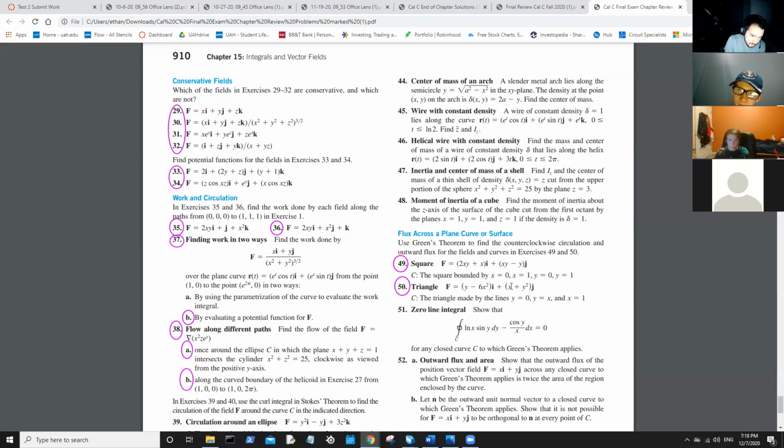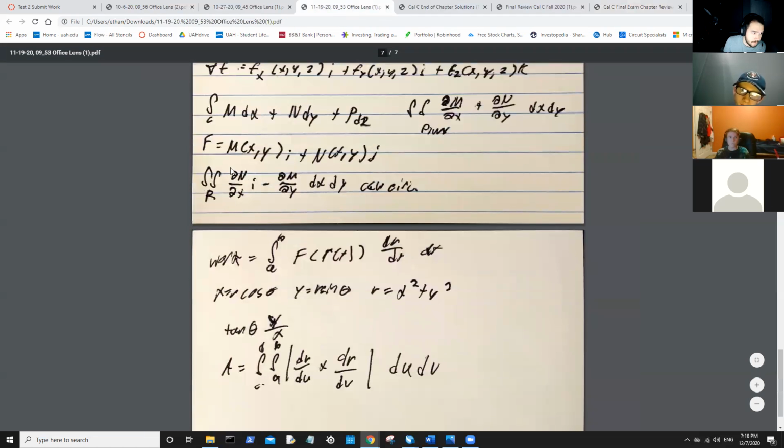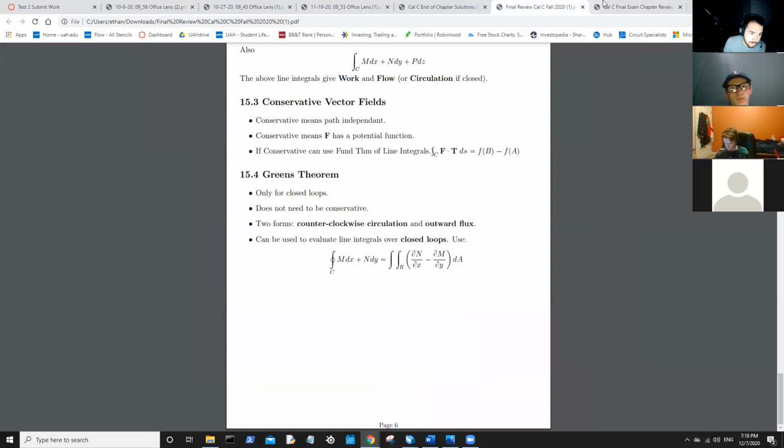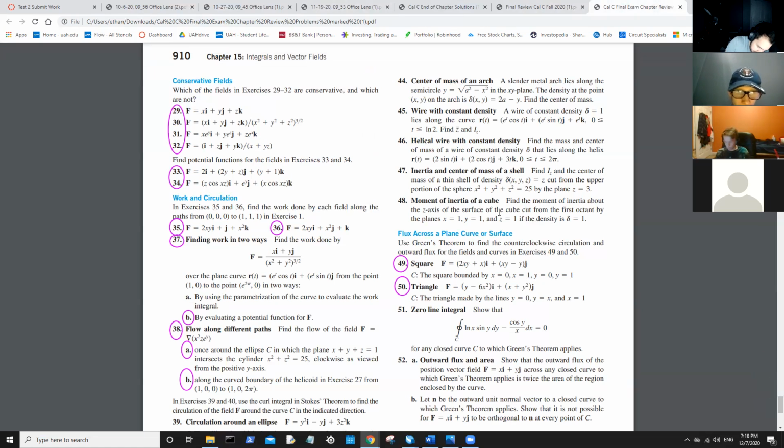So knowing the formula for circulation, it's partial x minus partial y integrated over the limits. So doing this, we do the partial with respect to x, which will spit out 2y plus 1 times i, plus partial with respect to y, which will spit out x minus 1 times j.